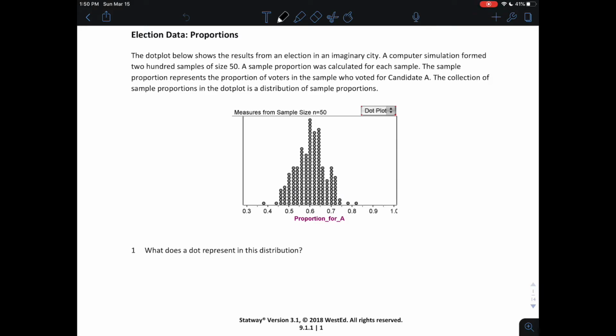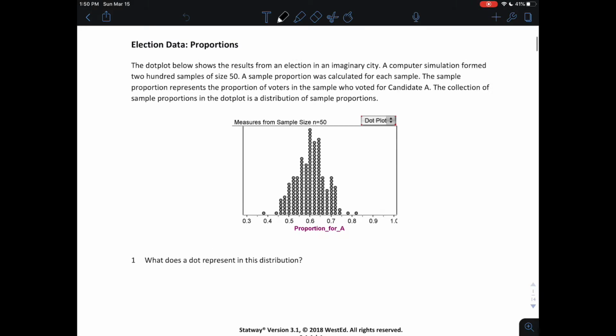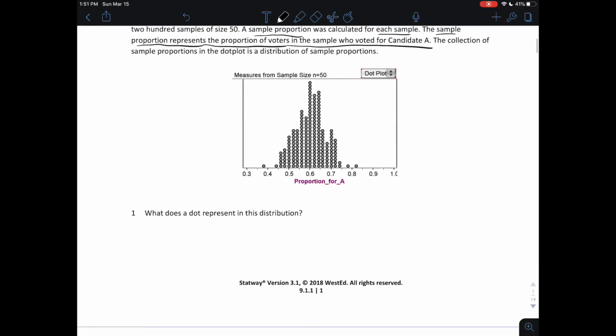We can actually find the answer to this in the paragraph right above the dot plot. A sample proportion was calculated for each sample. The sample proportion represents the proportion of voters in the sample who voted for candidate A. That's what one dot represents.